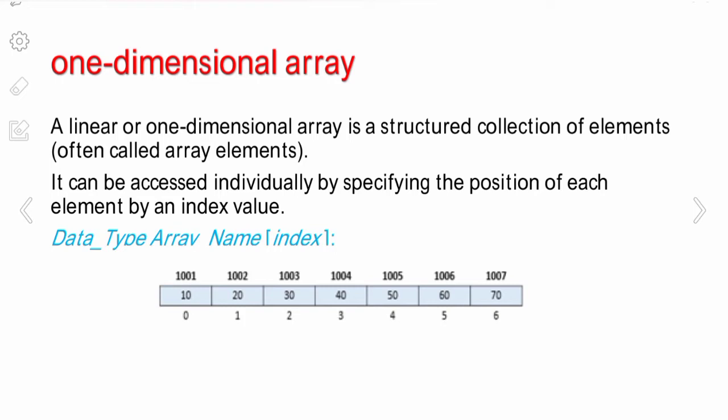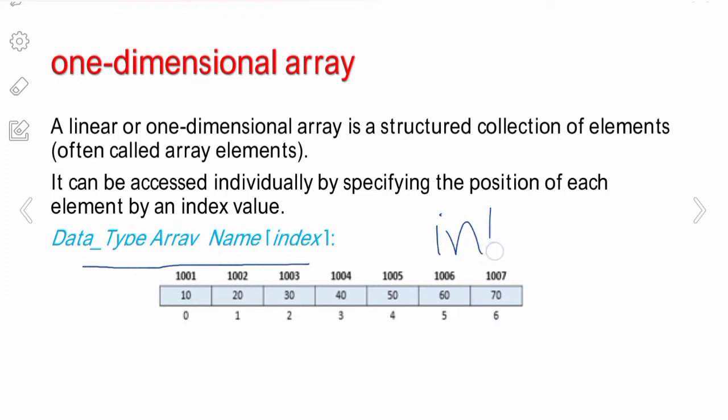It consists of a collection of elements arranged in a sequential manner, and they can be accessed individually by specifying the location of the element by an index value. Here is the syntax of the one-dimensional array: data type followed by the array name and index value. In this format we can access a particular index value.